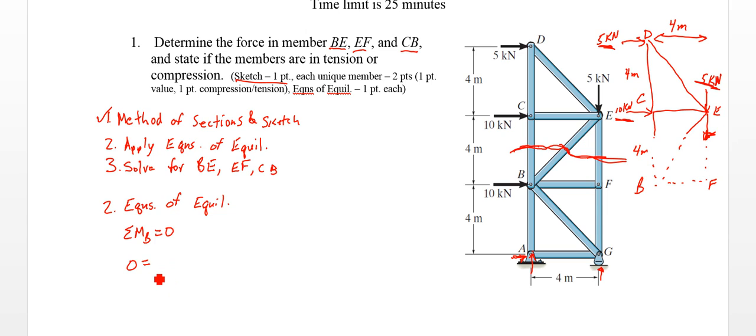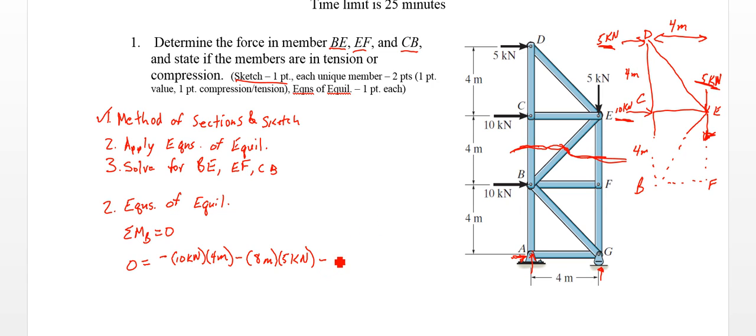So some of my moments around B, this 10 kilonewton load is creating a clockwise rotation, so it's going to be negative 10 kilonewtons times 4 meters. And then I'm going to have this 5 kilonewtons times 8 meters, and that's also going clockwise. So I'm going to have negative 8 meters times 5 kilonewtons. And then this 5 kilonewtons here at E is also going clockwise.